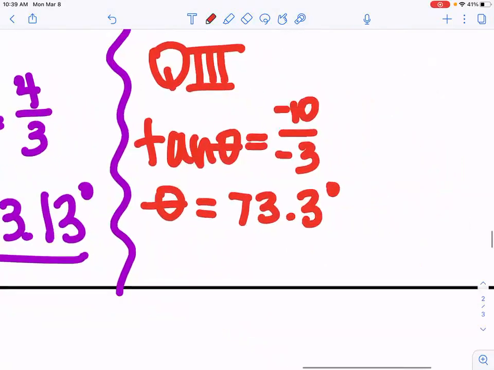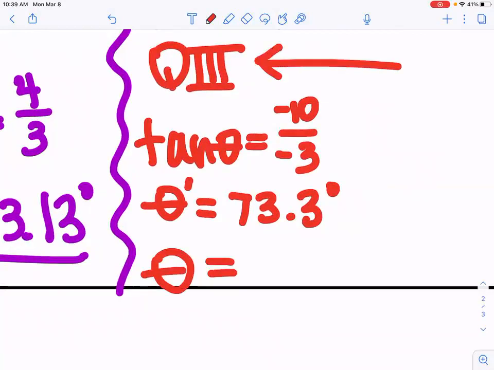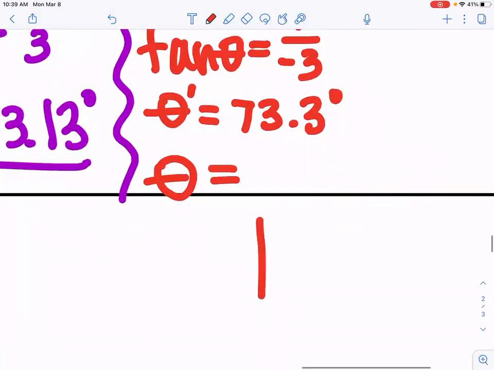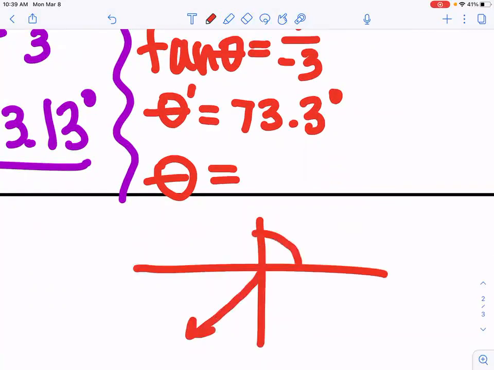So if you actually want the angle, then since we are in quadrant 3, here's our reference angle.